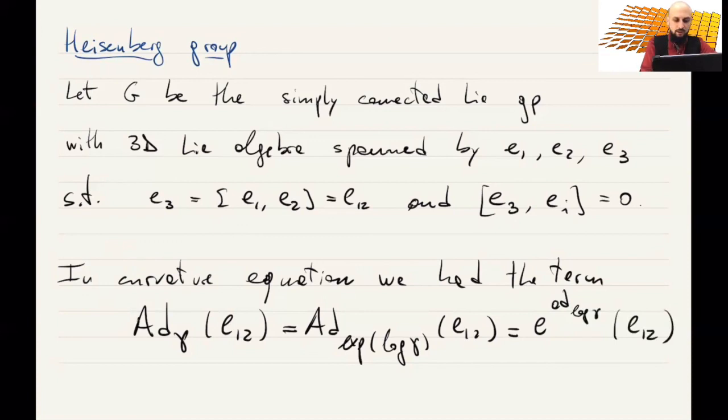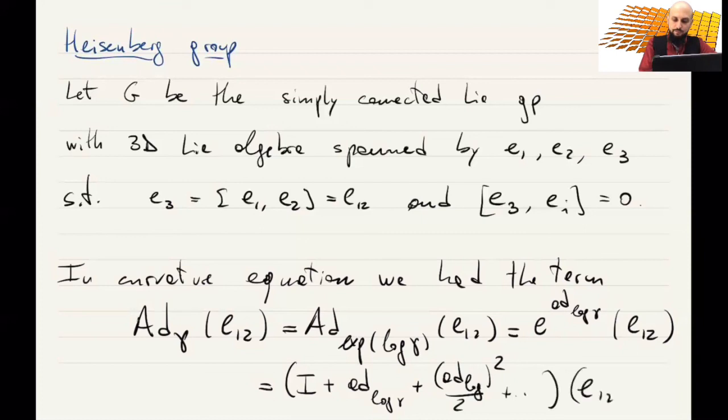But now the exponential is given by the identity plus the matrix ad log gamma plus the matrix square divided by 2 and so on.